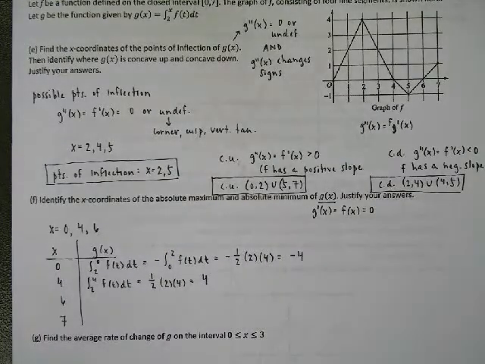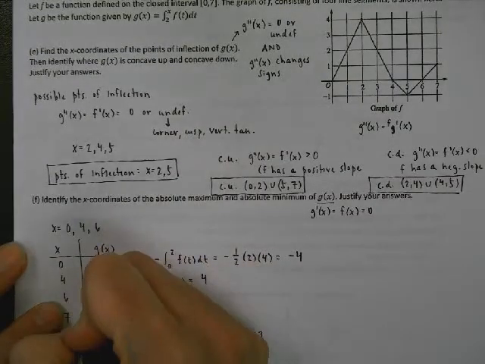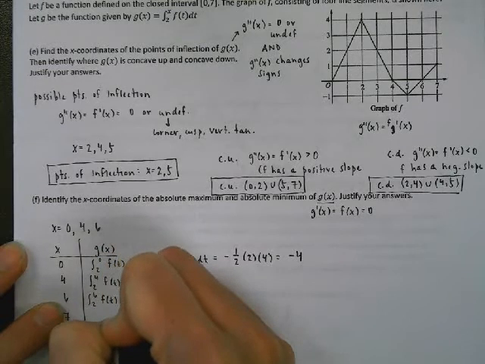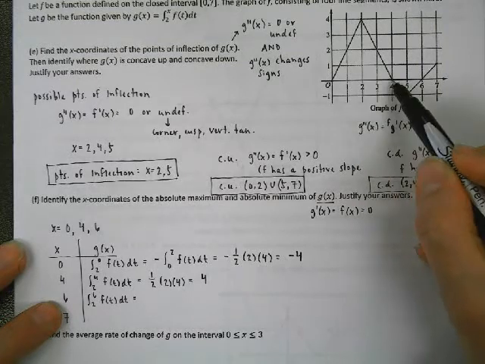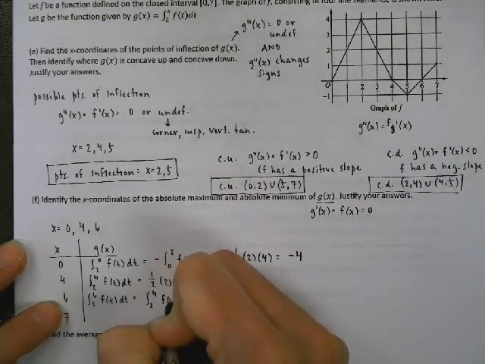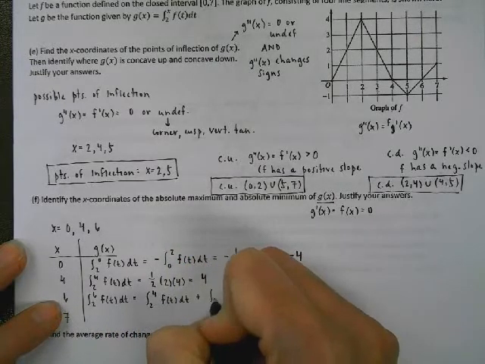Next up is the integral from 2 to 6 of f of t dt. So if I look from 2 to 6, I'm actually going to split this up as the integral from 2 to 4 of f of t dt, because I have that already, plus the integral from 4 to 6 of f of t dt.